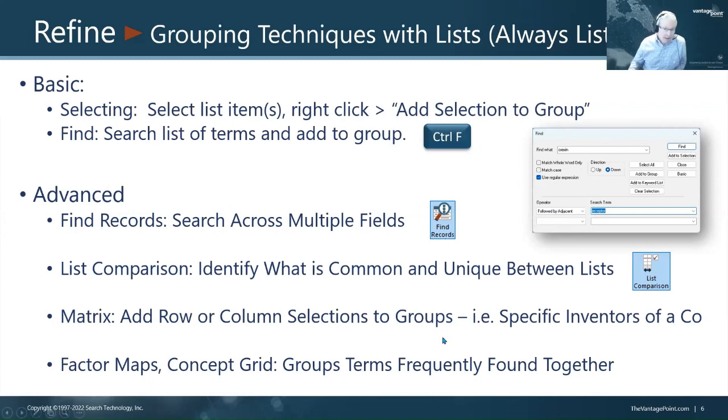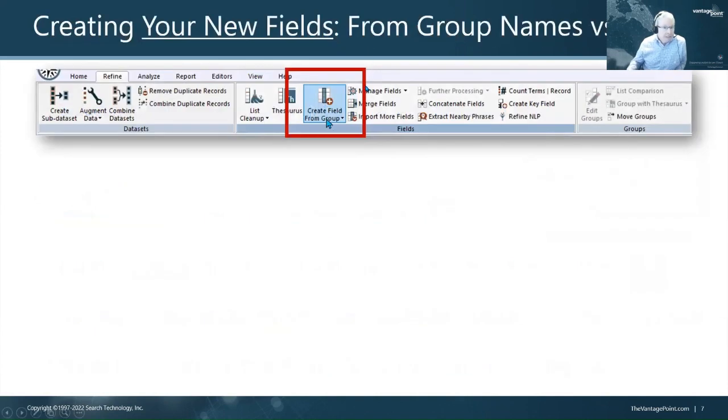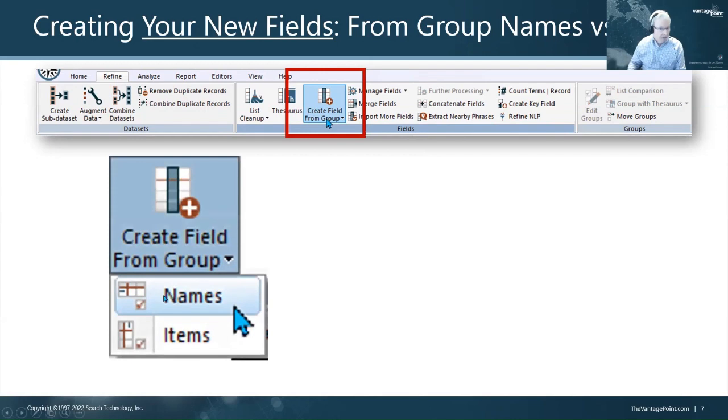So that's the basics, but just to explore this a little further, there is this concept of building your own fields. And this is really the true part of being able to take the data and start manipulating and managing it so that you can build new fields from your groups. There's the concept of building fields from the names of the groups.